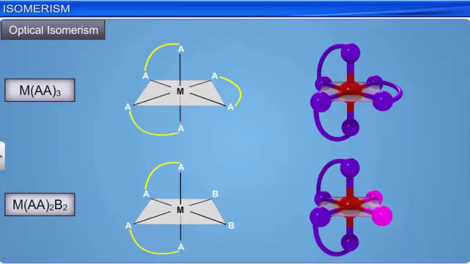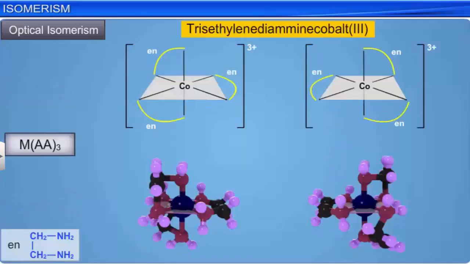Tris-ethylenediamine cobalt(III) is the best example of an optically active coordination compound of the type MAA3, which has only bidentate ligands. The dextro and levo isomers of this complex are shown here.